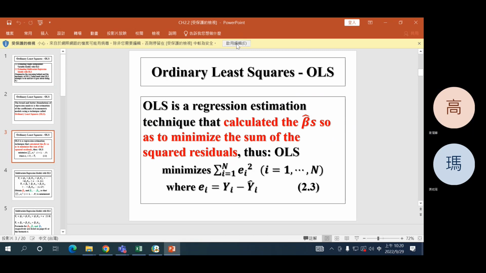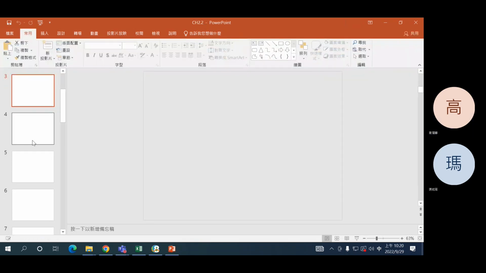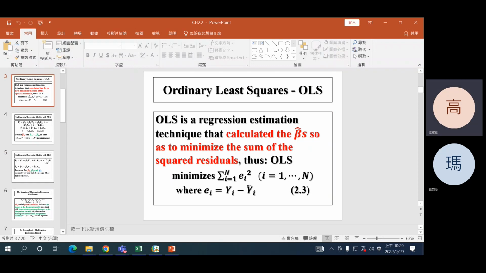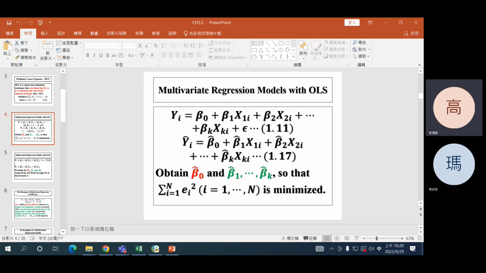So again, with the ordinary least squares, now we are dealing with an equation something like this one. I have K X variables. This is the population model, and I want to estimate beta 0 hat, beta 1, beta 2, up to beta K hat, in order for this one to be minimized.